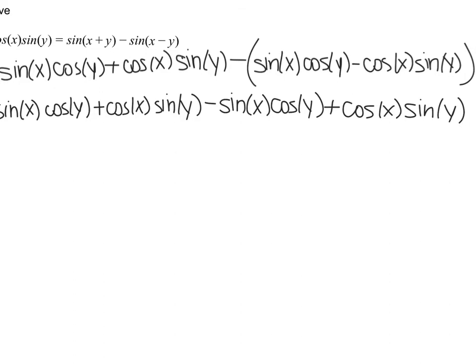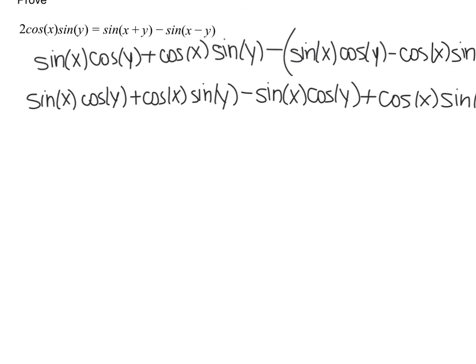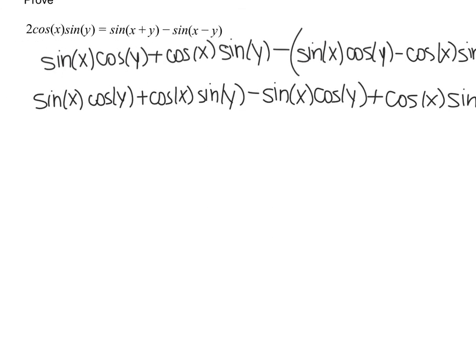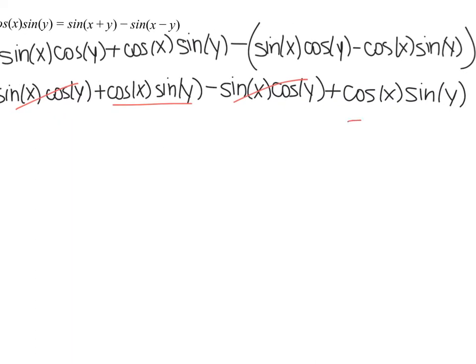So now I just figure if I have like terms. Well, we have a sine of x cosine of y and a minus sine of x cosine of y. So those are going to cancel. So we're left with cosine of x sine of y plus cosine of x sine of y, which gives us 2 cosine of x sine of y. And we have proven our identity.